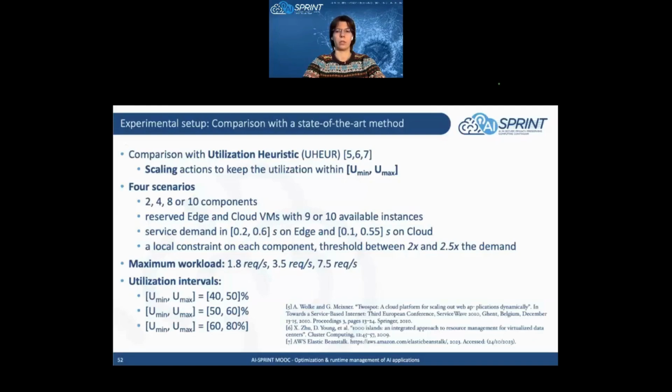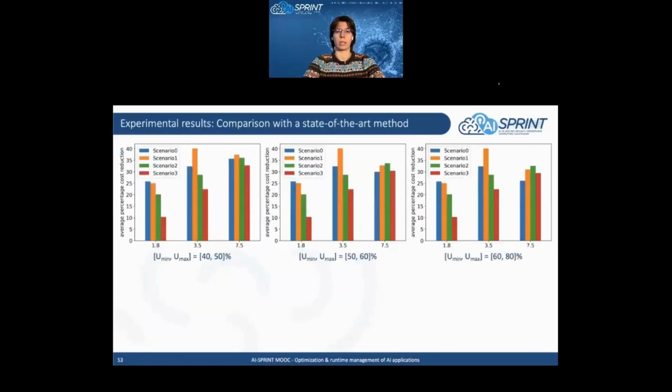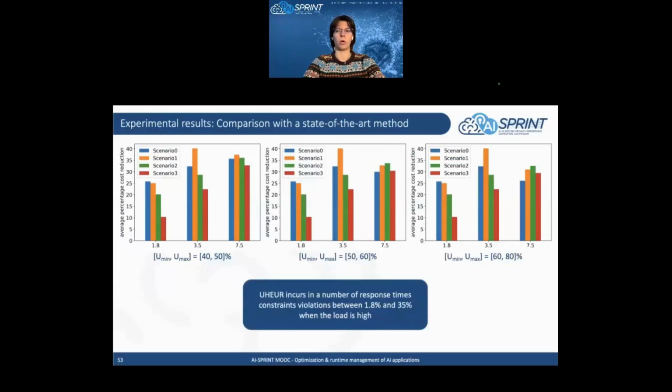We also considered 3 different values of maximum workload and 3 different acceptable utilization intervals. As we can see from the plots, the SPACE4AI-R optimizer always achieves lower cost than the utilization heuristic, with a cost reduction between 10 and 40% on average. Moreover, it also manages to always satisfy the response time constraints, while the utilization heuristic incurs a number of constraint violations between 1.8 and 35% when the load is higher.